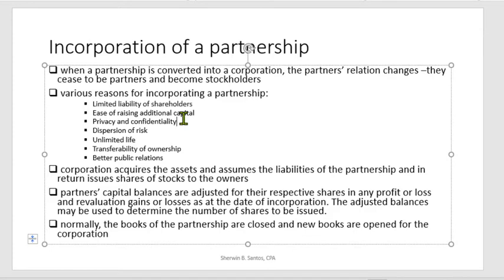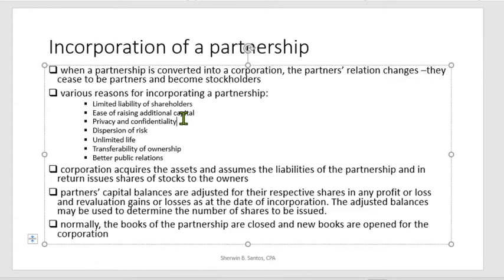Next, privacy and confidentiality. In a corporation po pwedeng you are not recognized as a shareholder in the view of the public, unlike sa partnership na the partners are acting as agents of the partnership. Next, the dispersion of risk. Dahil mas maraming owner, the risk is dispersed among yourselves.